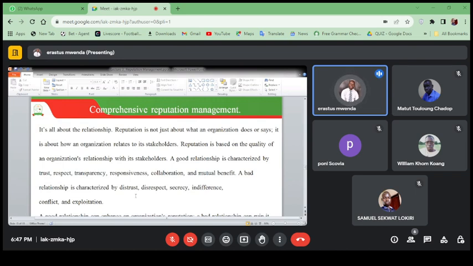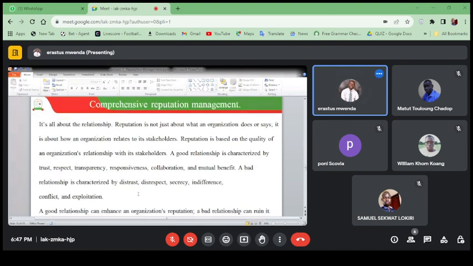Now, where we have a bad relationship, it is characterized by distrust, disrespect, secrecy, and conflict, and those are things that we want to avoid going in that particular direction.